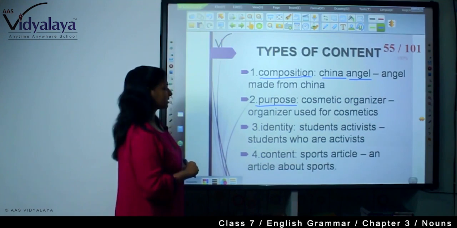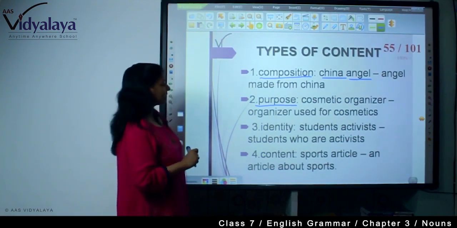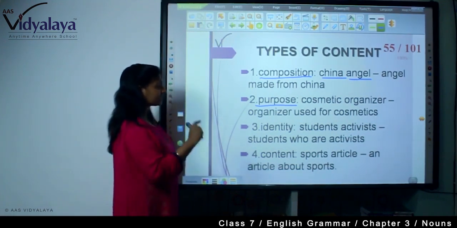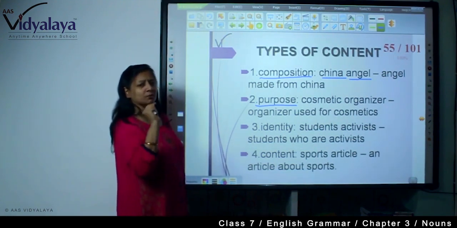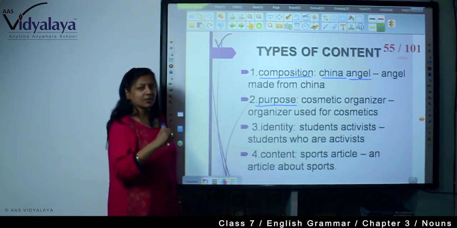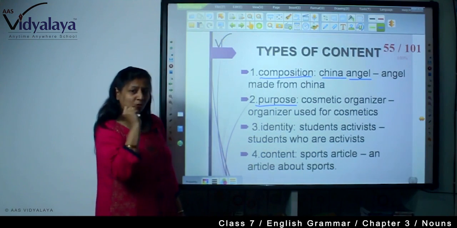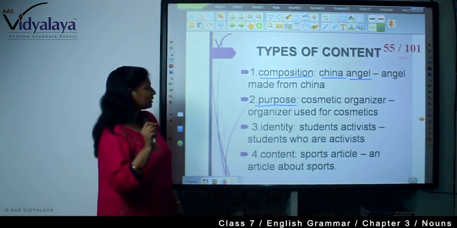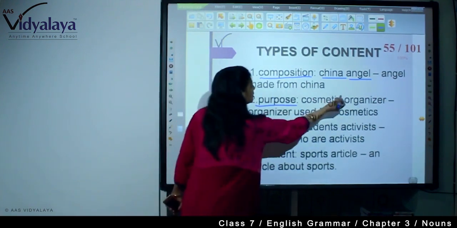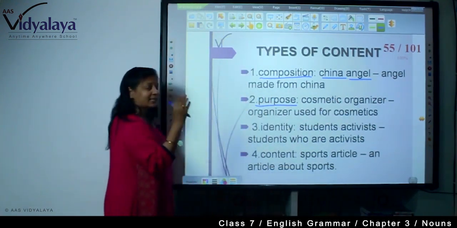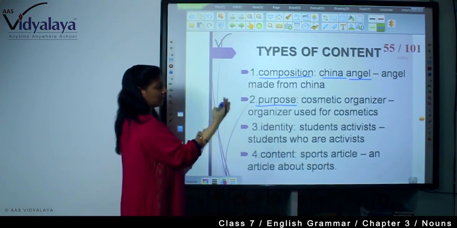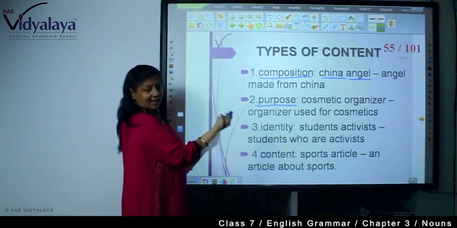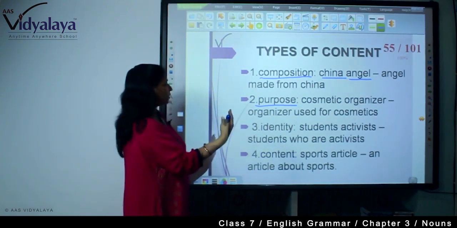Cosmetic organizer. Cosmetic organizer, what is the purpose? Organizer used for cosmetics. We want a cosmetic organizer. That means we want an organizer used for cosmetics. So in this way you are using two nouns, right? And these are examples of the attributive noun.